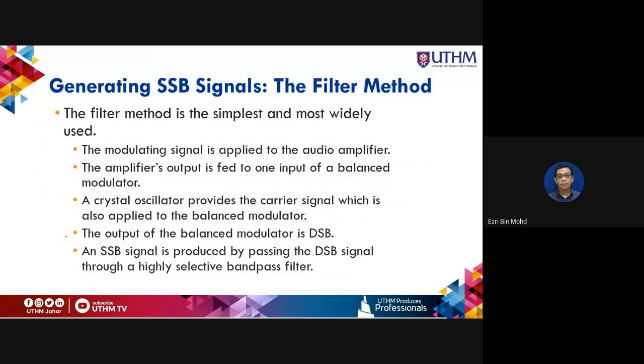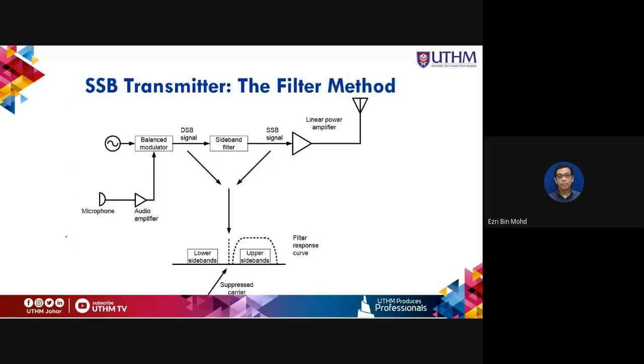The modulating signal is applied to the audio amplifier. The amplifier output is fed to one, okay, I will explain here with the illustration. So here, from the microphone to the audio amplifier and then to the balanced modulator. The balanced modulator here, we already proved that it can produce a double sideband suppressed carrier.